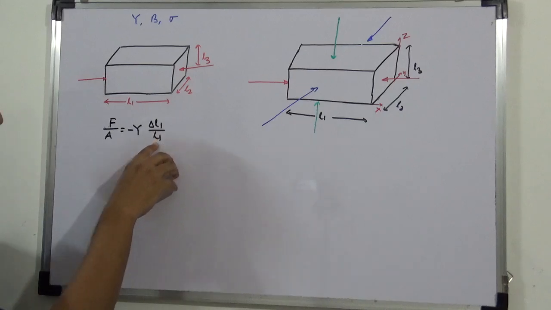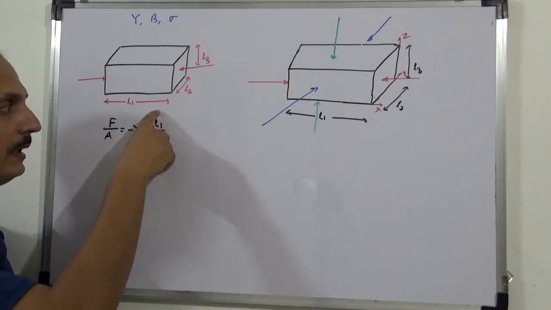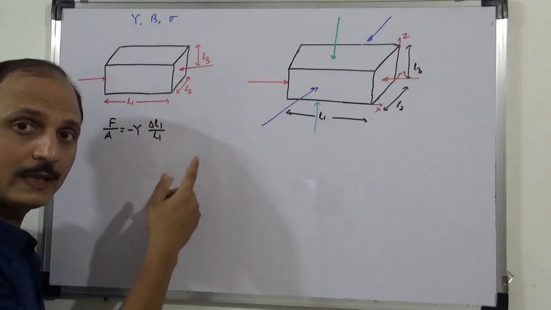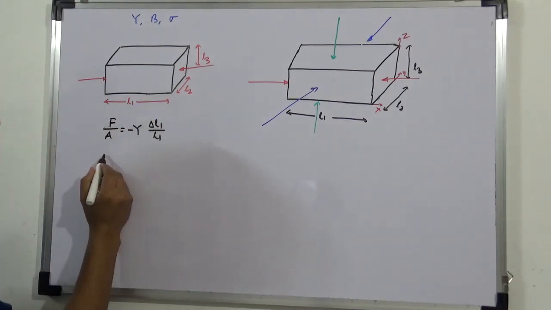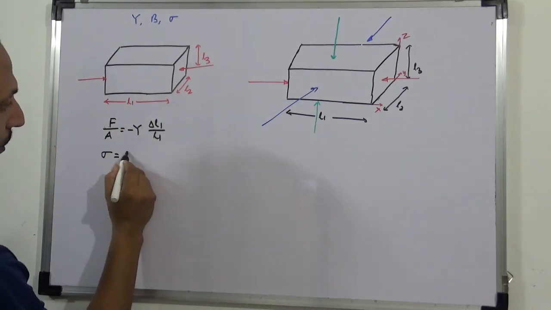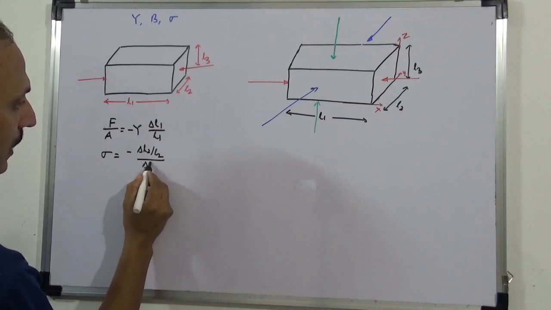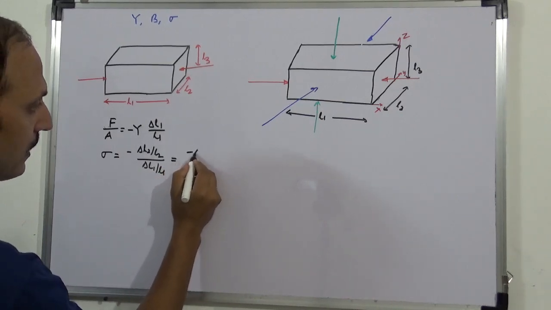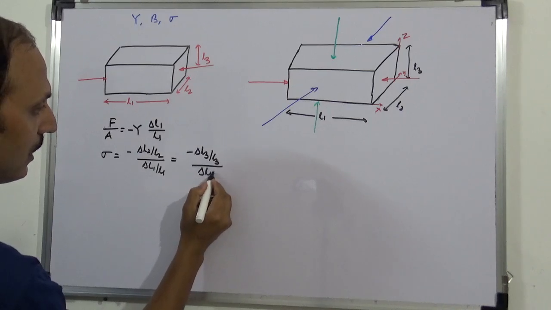Now there is a lateral change too: if you apply Poisson's ratio, there is a longitudinal change in length, so there is a lateral change in the dimension also. So sigma will be minus delta L2 by L2 over delta L1 by L1, which is equal to minus delta L3 by L3 over delta L1 by L1.